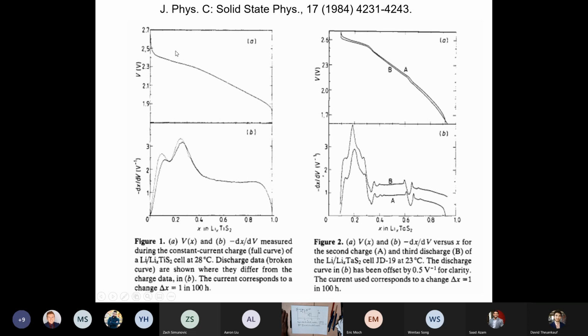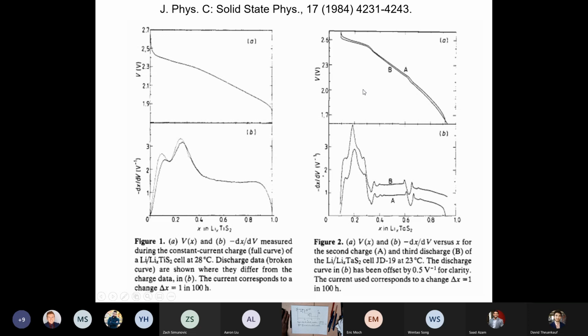This is basically the same type of data as Arthur Thomson measured. This is the voltage versus composition on the top panel and differential capacity versus composition on the lower panel for a titanium sulfide cell. And like Thomson, we see these humps at the beginning and sort of flat spots in the voltage curve and in the differential capacity.